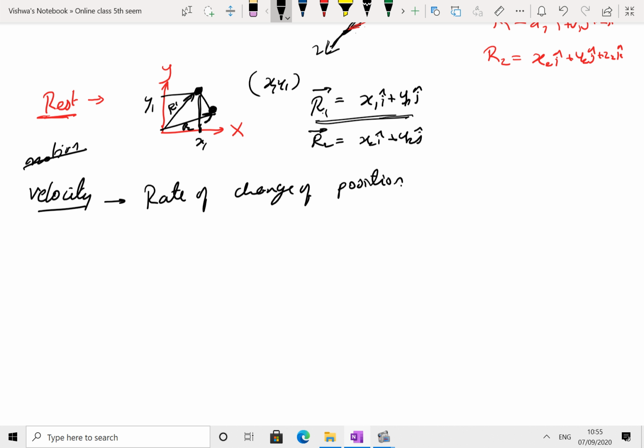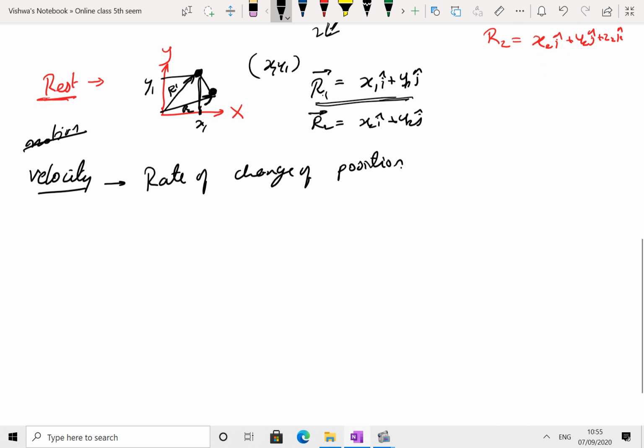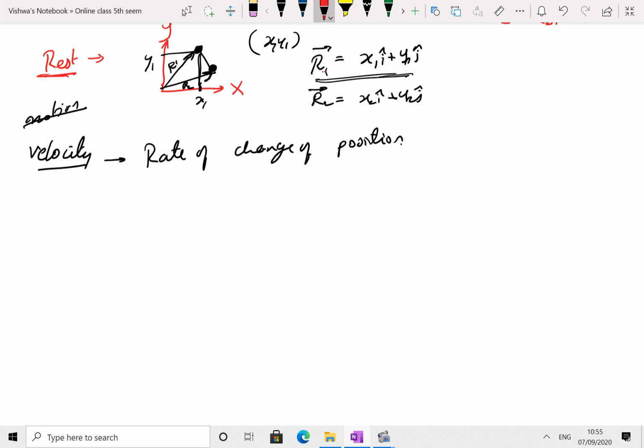So how is it defined? Here the object is changing from r1 to r2, the x position changes from x1 to x2, and the y position changes from y1 to y2. In general, the change in x position we take as delta x, and the change in y position we take as delta y.